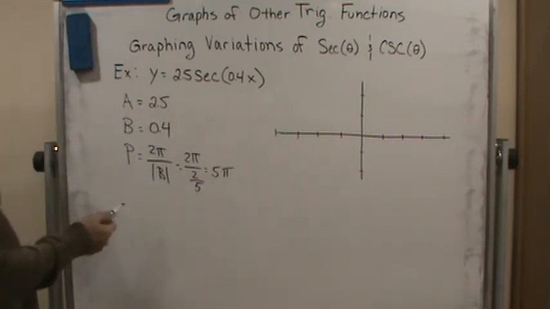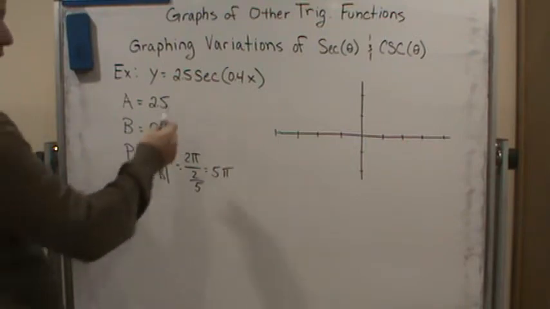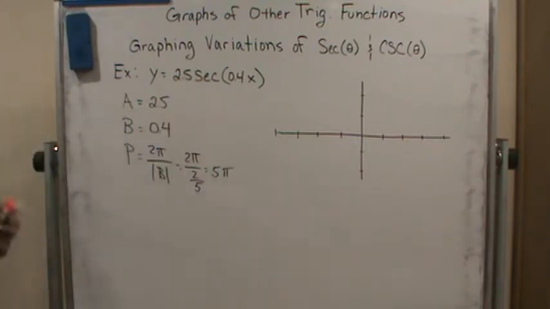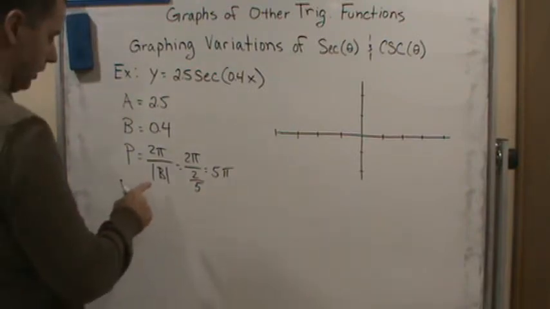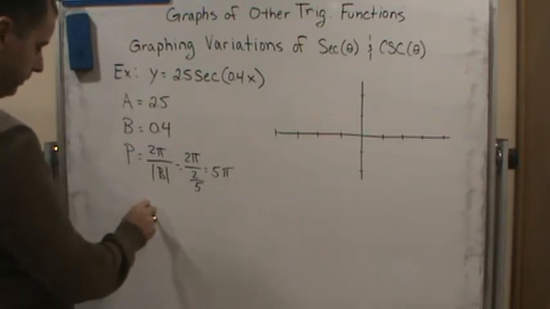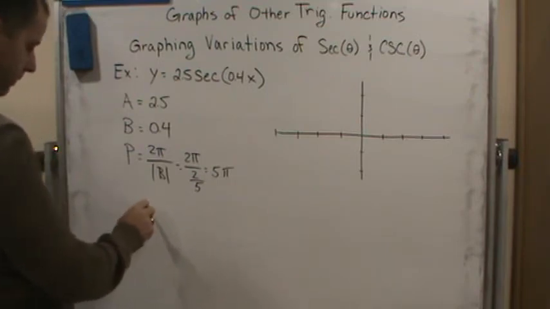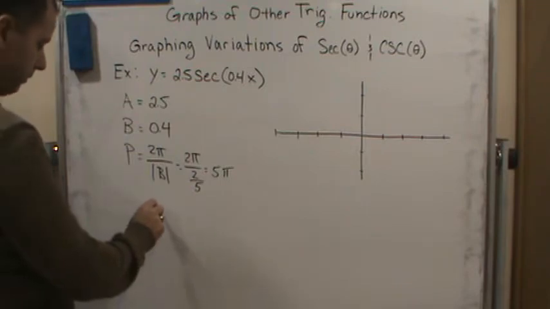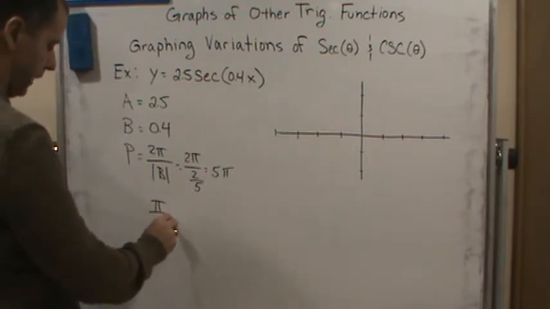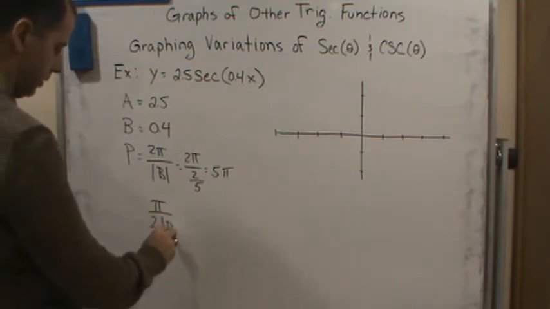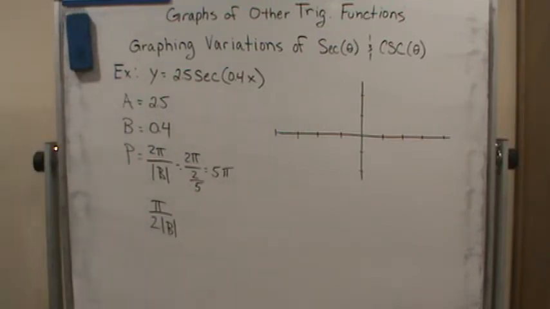Well, since we're dealing with secant, which is the reciprocal of cosine, it's going to be at multiples of pi over 2 times the absolute value of b.